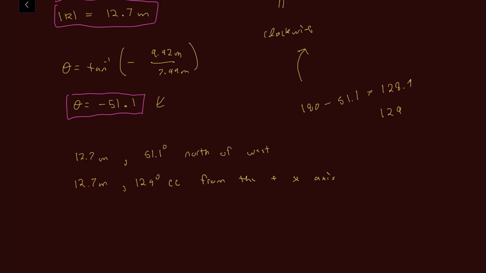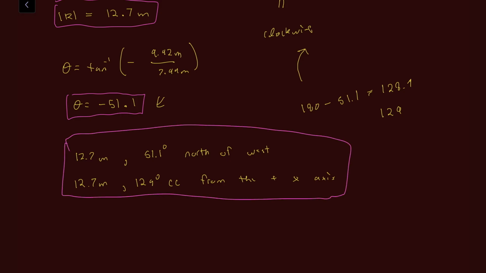Or you can even say this as 129 degrees north of east. It's just counterclockwise from the x-axis, which makes sense as this is an obtuse angle. So these two are going to be your solutions. This is the direction in which the winning participant went.